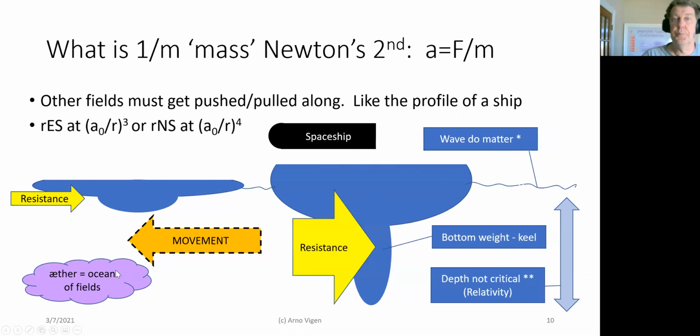thereby getting that 3 over 4 in the variance of their strengths. So this thing is that all of the fields are an ether, an ocean of fields, which are subject to wave functions and are subject to relativity. And as such, you can calculate the accelerations in clean point equations, but understanding that there is a counterforce because you have to move those within counter fields out there of other items that may or may not have waves that you'll also have to count on.